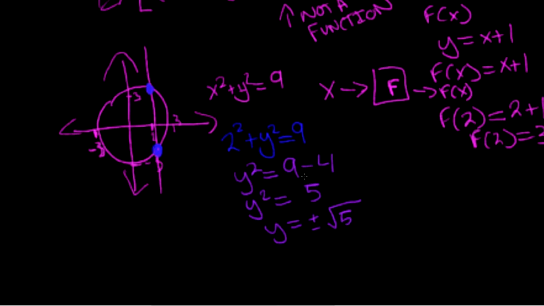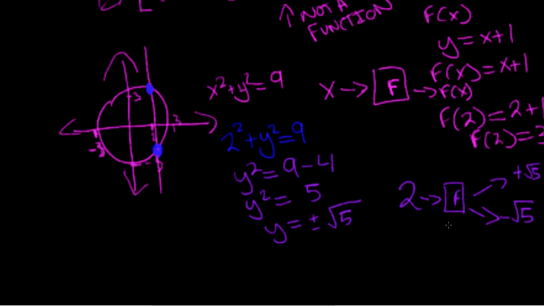So the square root of 5 would be positive and negative root 5. So we see that for that one x value, which was 2, we plugged in 2 into the function, we got positive square root of 5, and we got negative square root of 5.